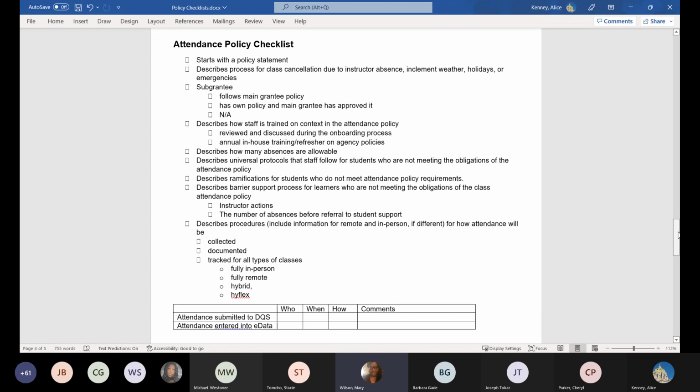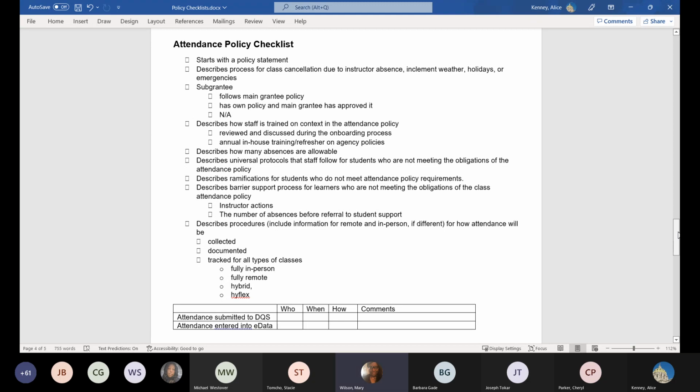The next item is describe how many absences are allowable. This needs to be included in this policy to ensure that next steps are taken to address excessive absences.